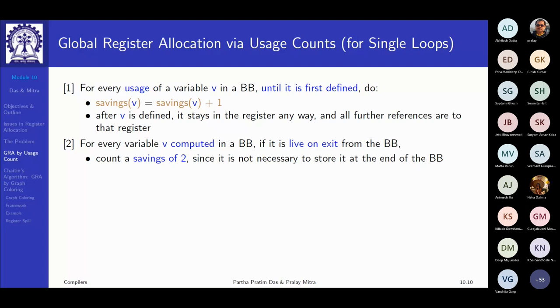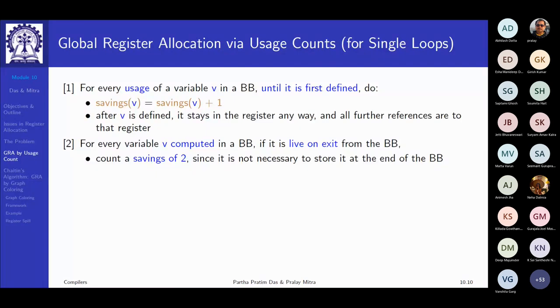Otherwise, since it is live going out of the basic block, you will have to do a store. So if you can allocate this variable to a register, you will save 2 units if it is computed in the basic block and is live on exit. Right? So these are the 2 components of the cost.